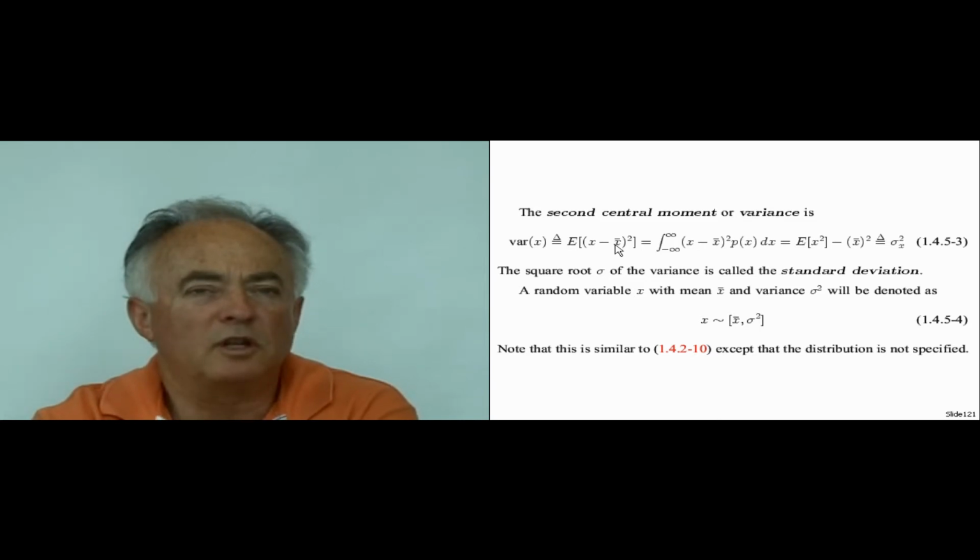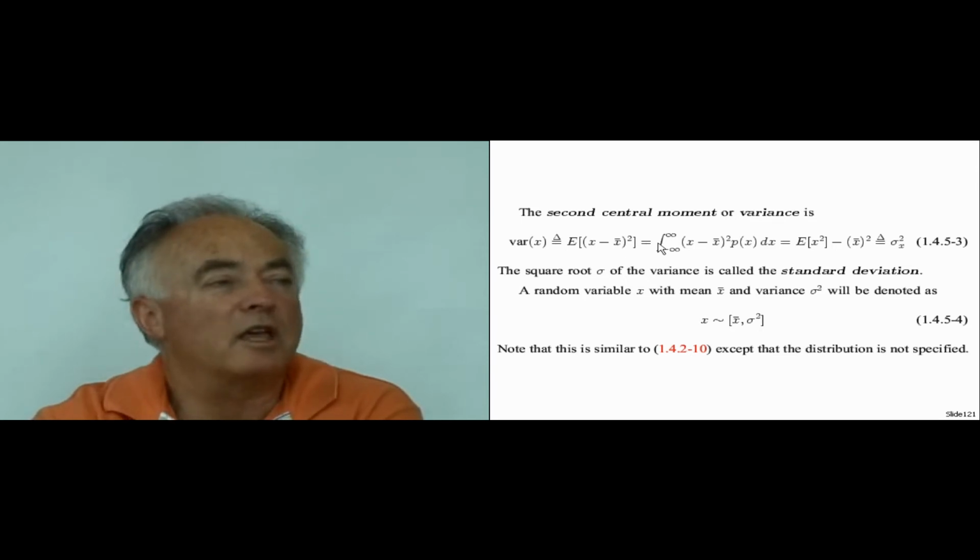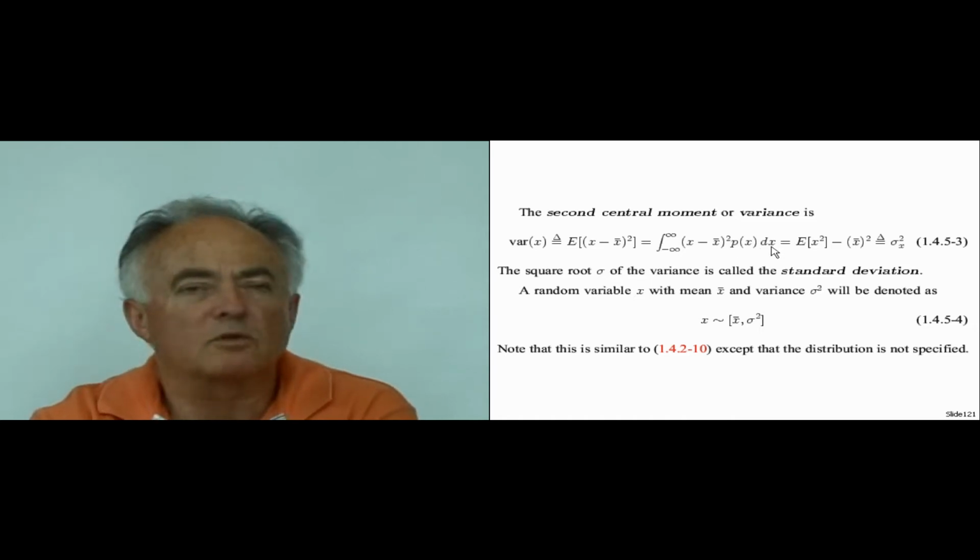So this is really the mean of the square, the mean of the square of the deviation of x from its mean. And this is integral x minus x bar squared px dx. This can be also seen as a moment of inertia, if you think in terms of mechanical terminology.